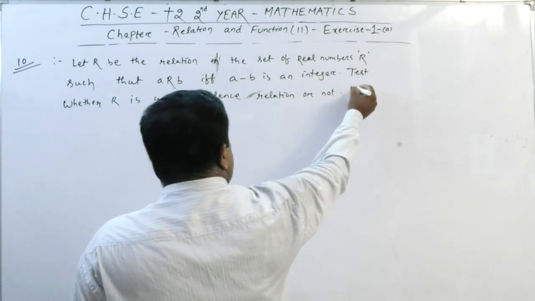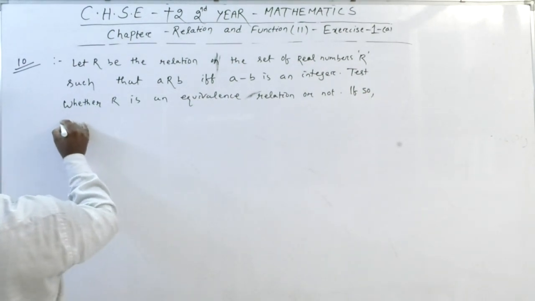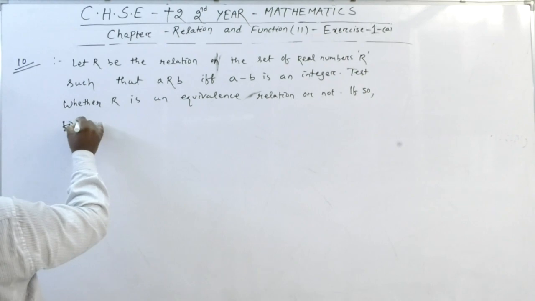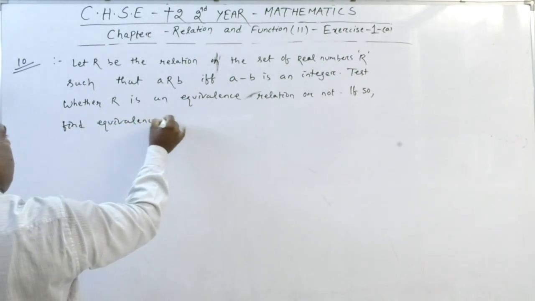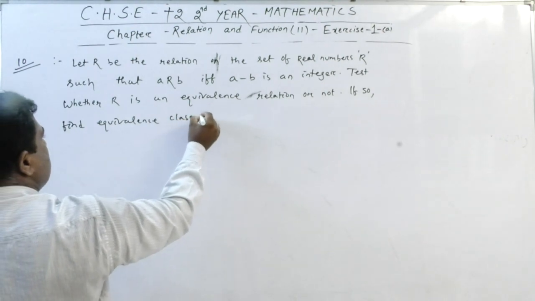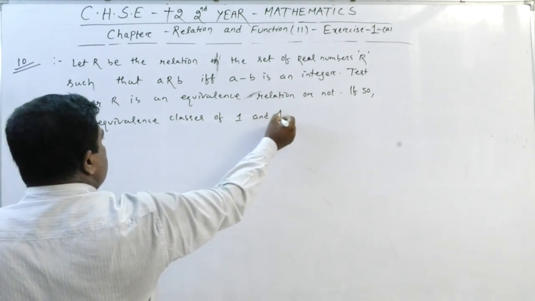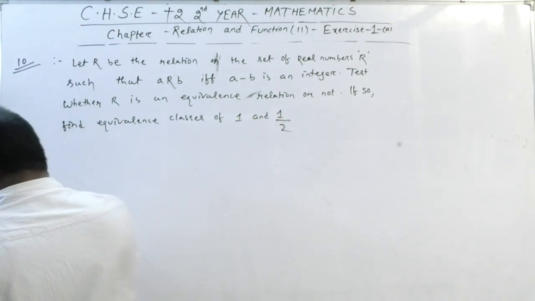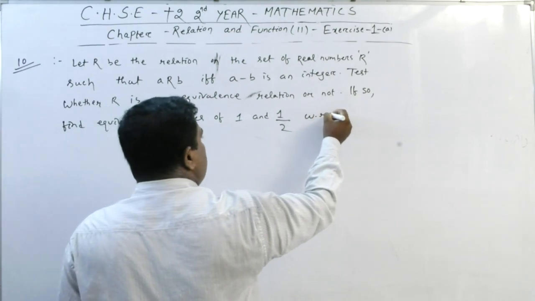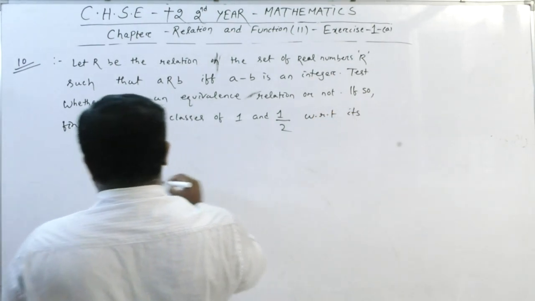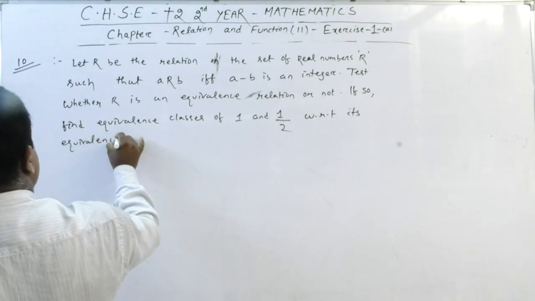If so, find the equivalence classes of 1 and 1/2 with respect to this equivalence relation. So that is the question.